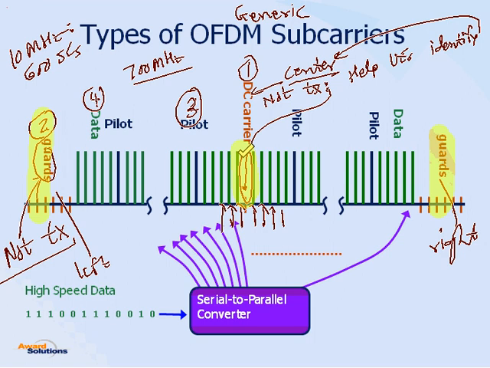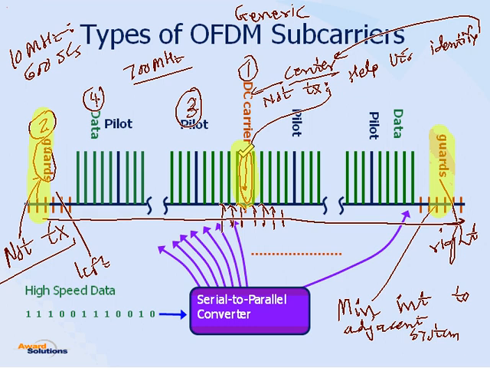Any interference? Very good, very good. Thank you for your answer. Very good. So this will minimize interference to adjacent systems or spectrum. The FCC has given us this bandwidth, okay? This bandwidth, let's say 10 megahertz.